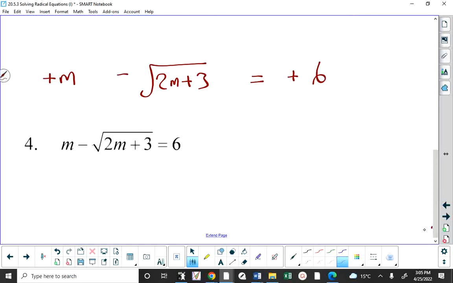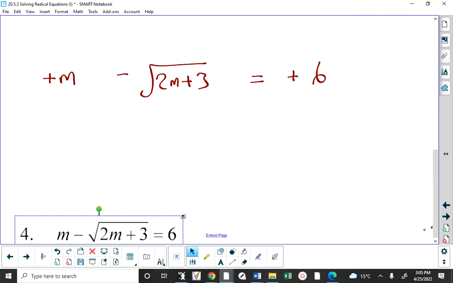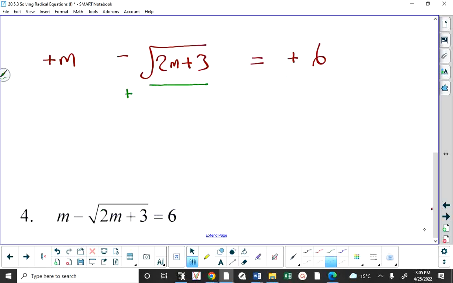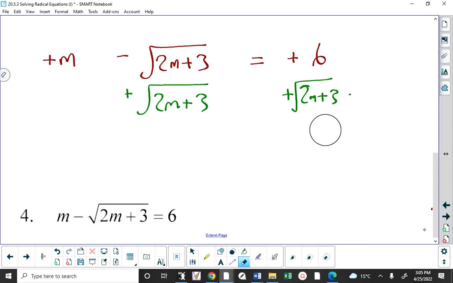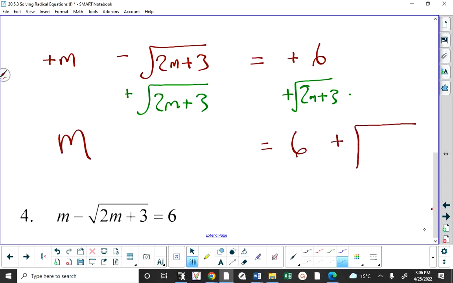I accomplished that, Will, and everybody, by adding this to both sides. So I end up with just m over here equals 6 plus root 2m plus 3. So when I subtract 6 from both sides, I get minus 6.